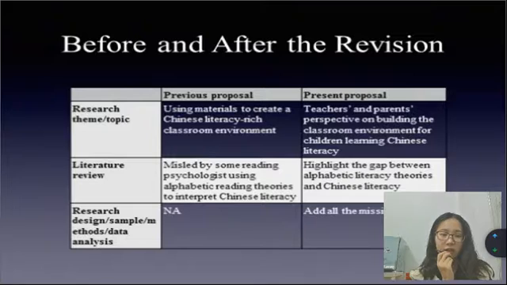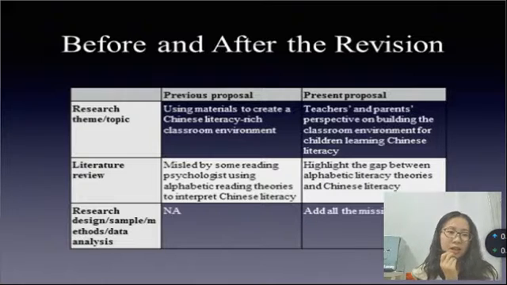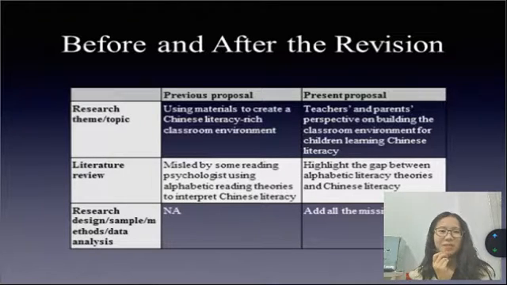And second, the whole literature review part, I rewrote it because I was misled by some alphabetic literacy theories. And about the research design, sample, methods, data collection, and data analysis, I didn't finish my previous proposal, so I add all this part in my present proposal.